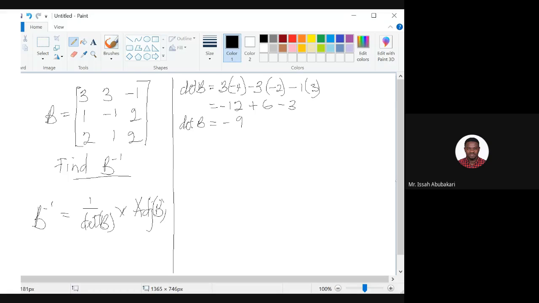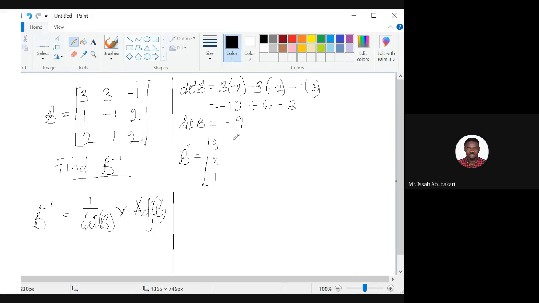How do we solve for the adjoint? The first step to solve for the adjoint of matrix B is to transpose the matrix. So B transpose should be equal to 3, 3, -1, the first row written as the first column.